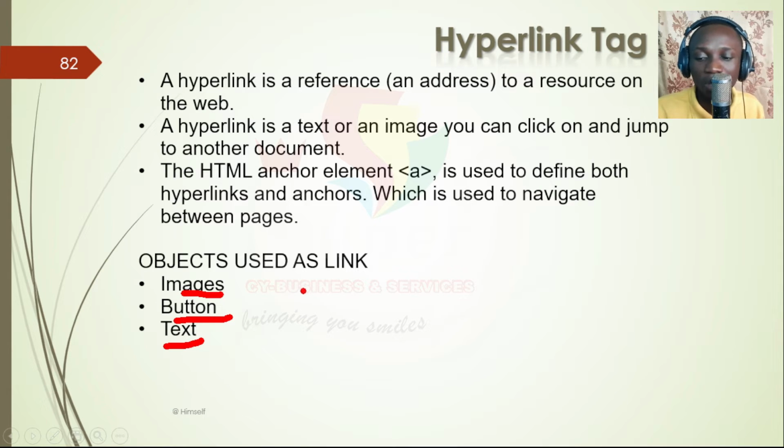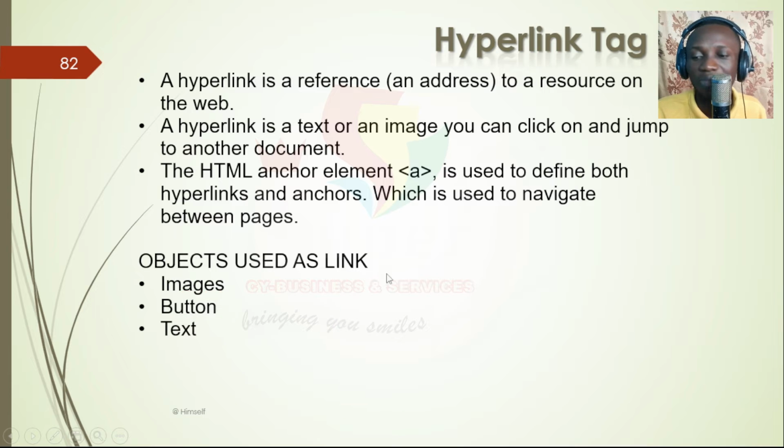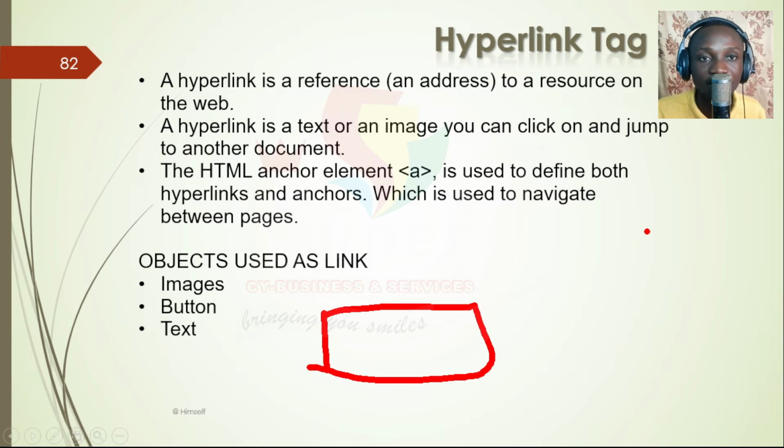What this means is that we can put an image here, and once somebody clicks on the image, it should take the person to another place. Or we can just put a button there, and once somebody clicks on the button, it should take the person to another place. That is what I'm talking about. And then we can also use a text.